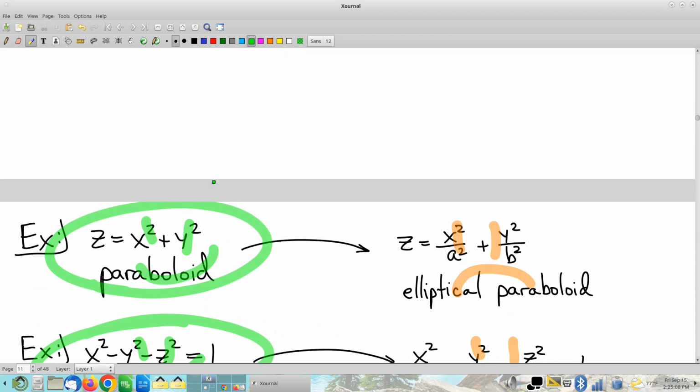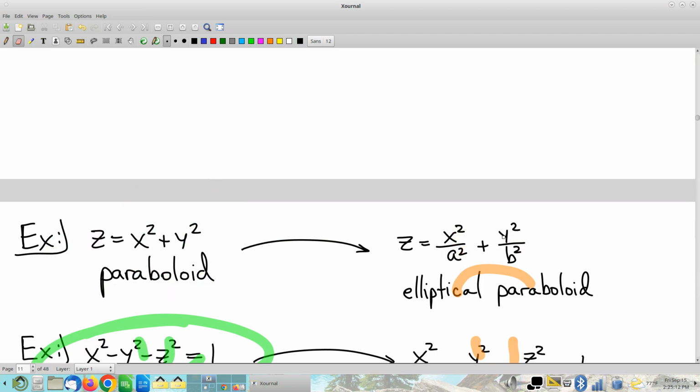Let's look at this first one. A lot of people get the wrong tweak. A lot of people will see this a squared down here and think, okay, well, I guess I'm dividing by a squared. But you're not. The question is, what do I replace x with?